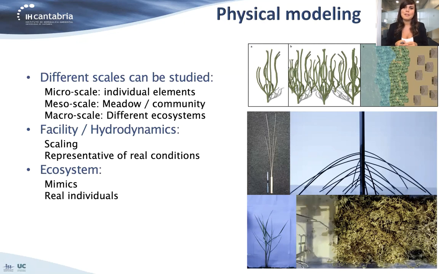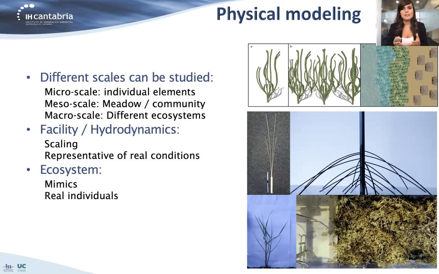So the first step when planning an experimental campaign is to check the availability of the possible facilities, their characteristics, and then define the hydrodynamics and the ecosystem properties. And sometimes we will need to scale those hydrodynamic and ecosystem properties to fit in our facility.